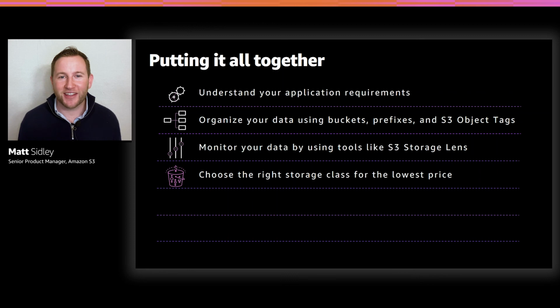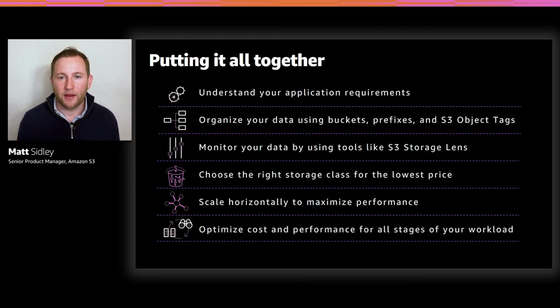Fourth, choose the right storage class for the most cost-effective storage for your workload. Fifth, to achieve the highest performance, scale your workload horizontally to maximize performance on S3. Finally, it's important to optimize cost and performance for all stages of your workload.